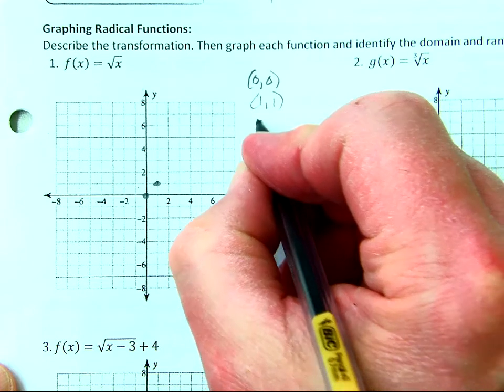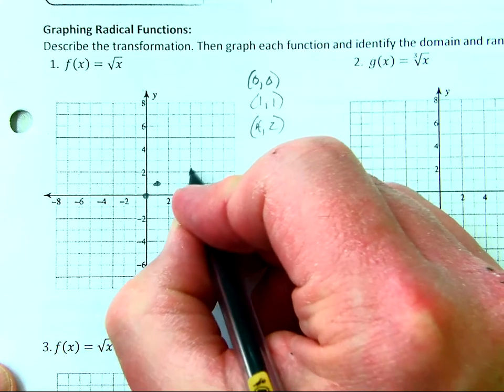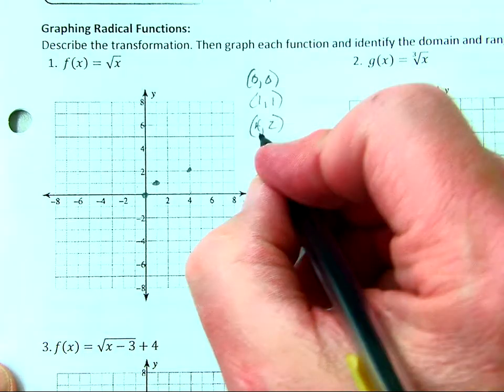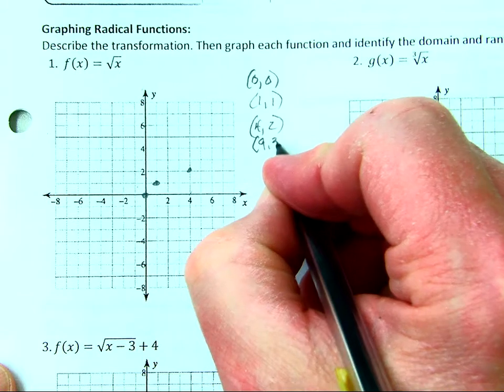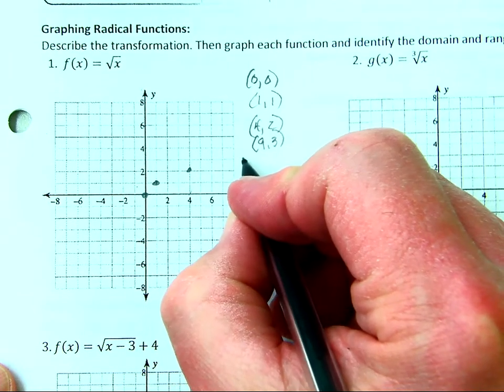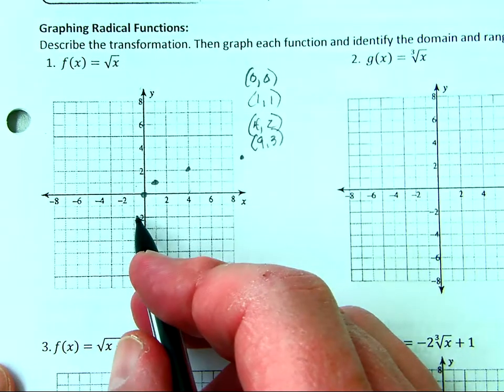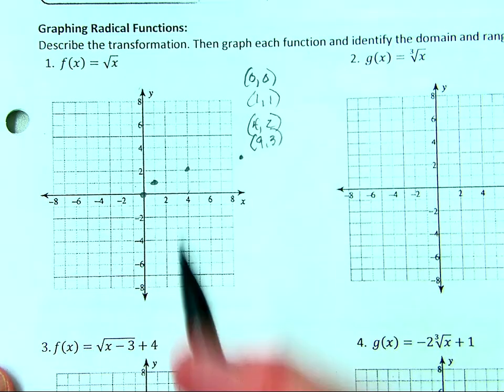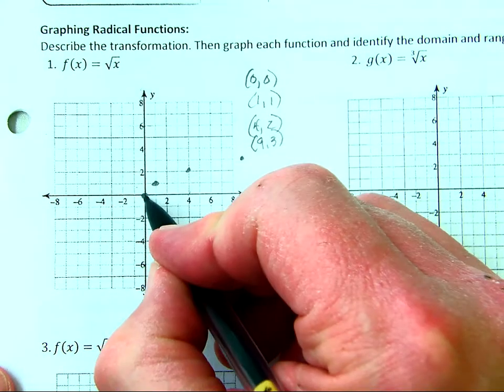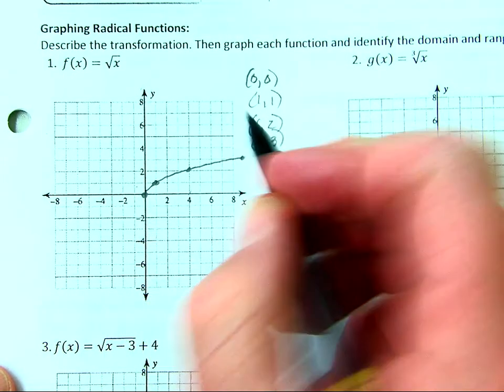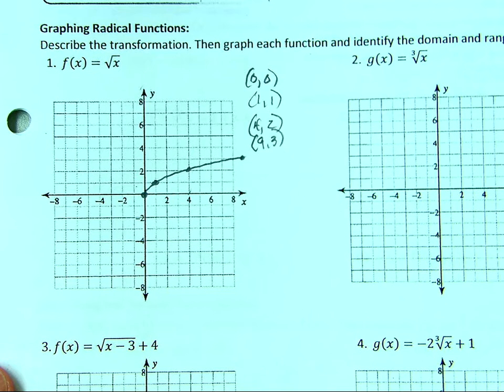The square root of 4 is 2. 9 is kind of off our scale, but the square root of 9 is 3. Now, we couldn't plug in any negative numbers because we can't do the square root of a negative number. So that's what a square root graph looks like. Again, it's the top half of a sideways parabola.